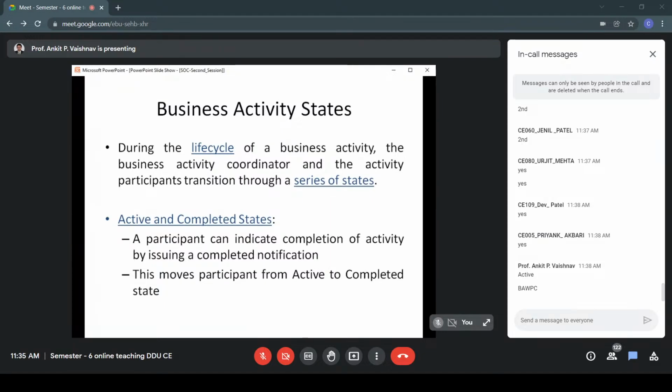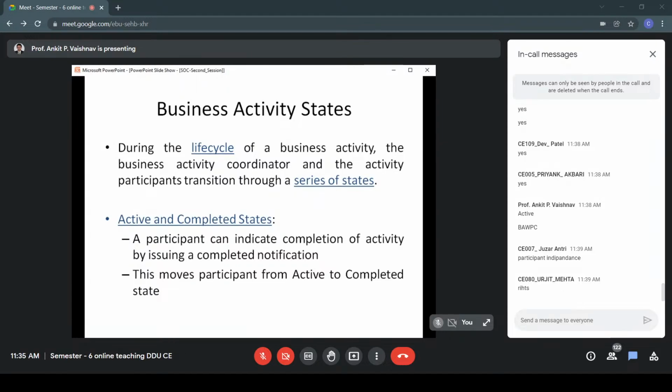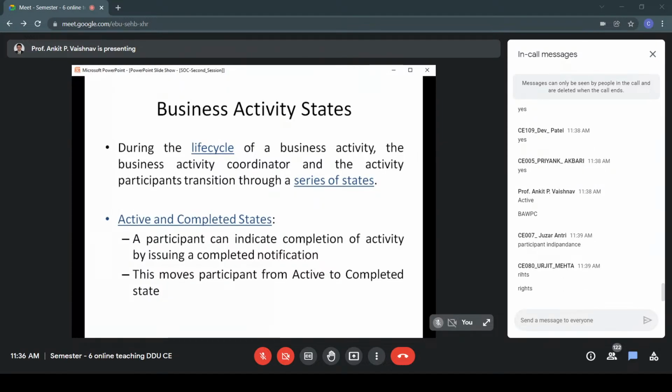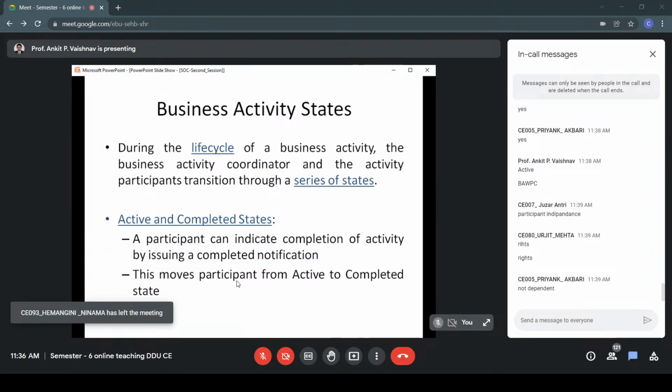What is the benefit of BAWPC over BAWCC? You can decide your completion, right? You have more rights, correct? Fine. So in that case, you will be moving from the active state to the completed state. Can I say that? When the service has completed its job, it will move from active to completed. Understood that?